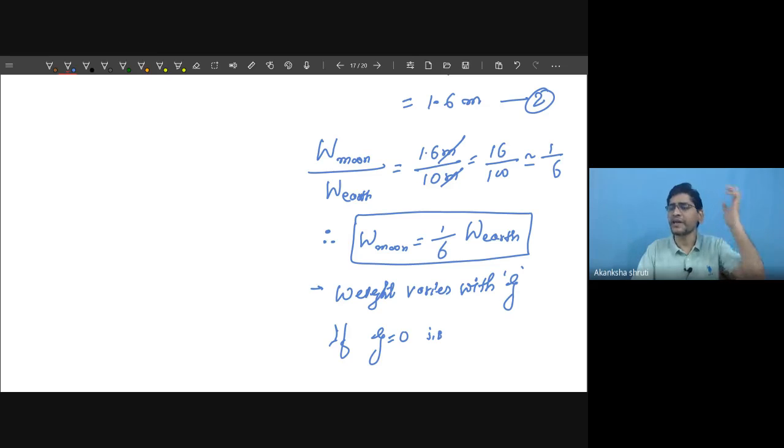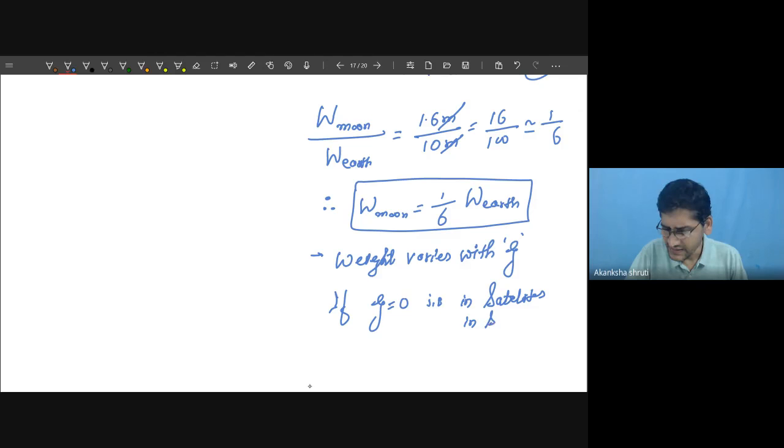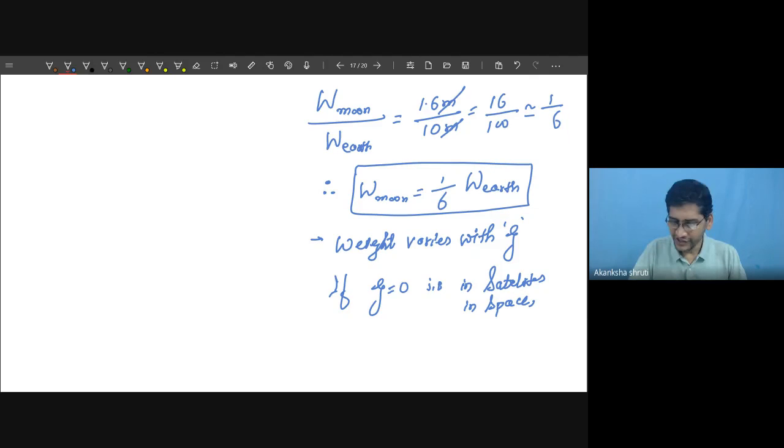If you go in space where there is no acceleration due to gravity or no force of attraction between the earth or any other planet, so in a satellite or in space, we cannot observe the acceleration due to gravity g, then g is 0.